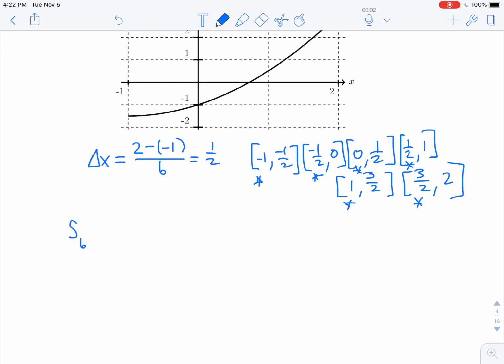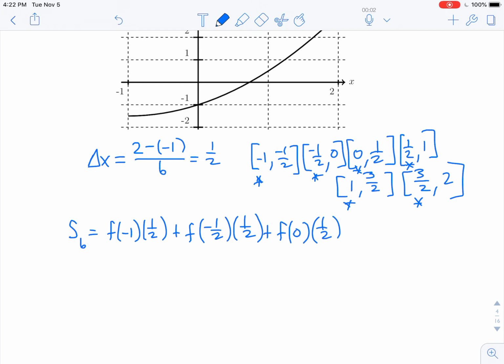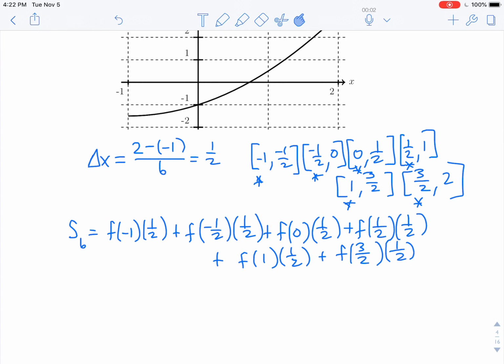And so to do the Riemann sum with 6 subintervals, we'll do f of -1 times 1/2 plus f of -1/2 times 1/2 plus f of 0 times 1/2 plus f of 1/2 times 1/2 plus f of 1 times 1/2 plus f of 1.5 or 3/2 times 1/2.